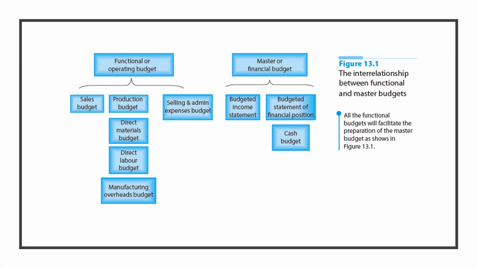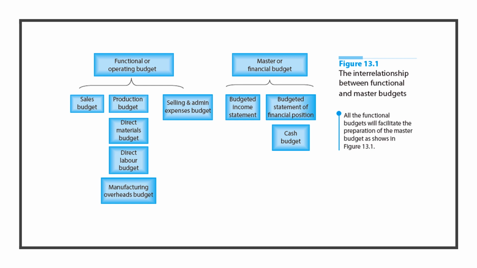If you see this figure 13.1, you can find out this is the interrelationship between functional budgets and the master budget.